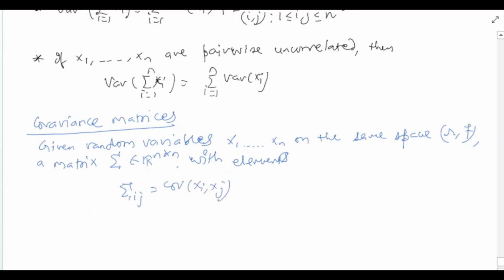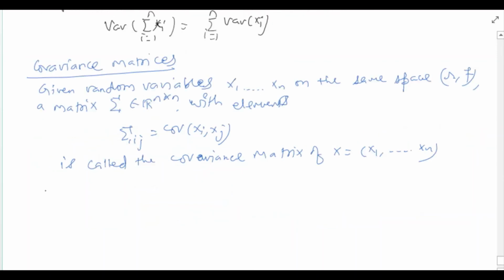That is, it's a matrix whose elements are covariances of pairs of random variables. This matrix is called covariance matrix of the random vector x, which is nothing but x1 dot dot dot xn.